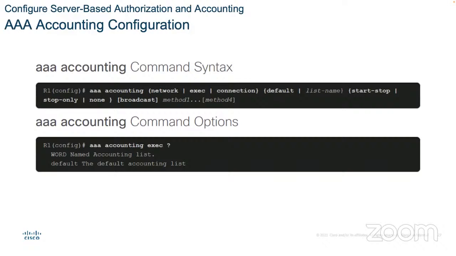It can be divided out so that it's done a different way or in a different place. Once it's enabled, that default accounting method will automatically be applied to every interface, except any that are user-defined, custom, or have been specifically defined.